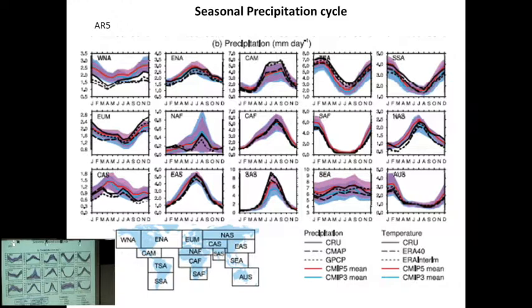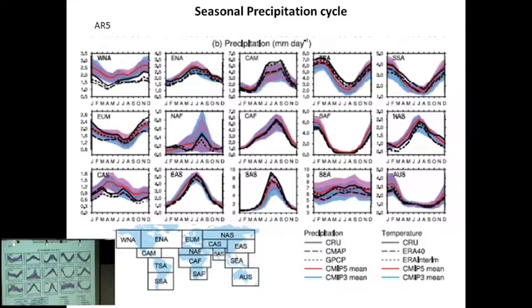Here, the red is CMIP5, and they have plotted the CMIP3 as well. The CMIP3 is blue. And we see that the CMIP3 underestimated, but the CMIP5 is close to the GPCP.